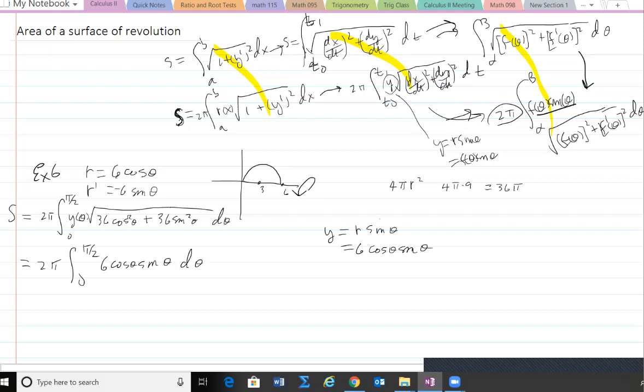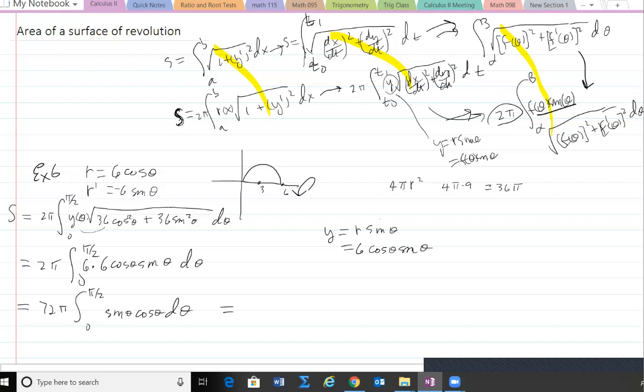The square root gives a 6, so I've got another 6 in there, don't I? The 6 comes out in front. So it looks like I'm coming up with 72 pi on the outside, and on the inside I just have the integral from 0 to pi over 2 of sine theta cosine theta.